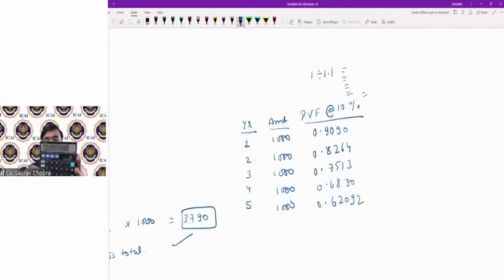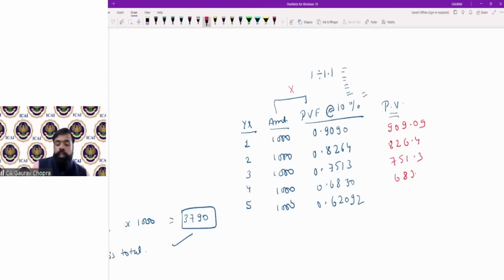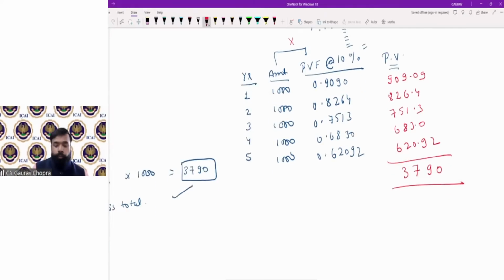Okay, so till here we have done, and the last step is to find the present value. So amount and present value factor, we have to do multiplication. After multiplying, you get 909.09, then 826.4, 751.3, 683.0, 620.92, and if you add, you will get the same answer, 3790.